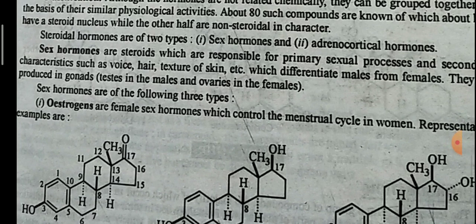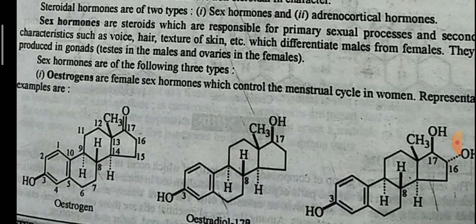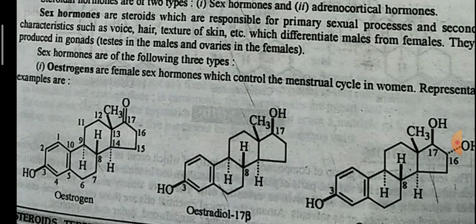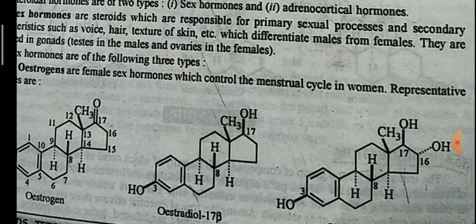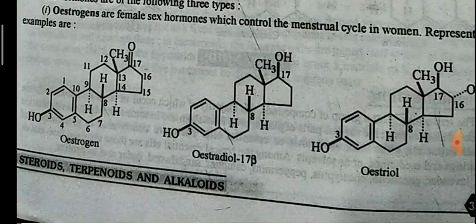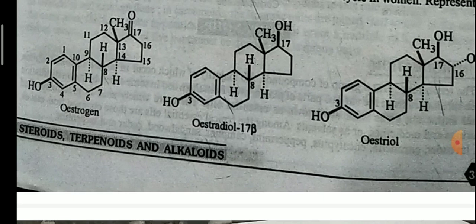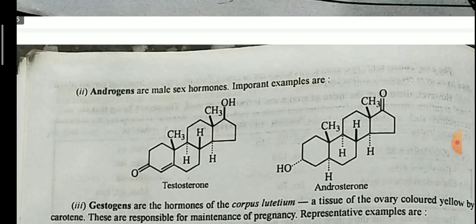Sex hormones are of the following three types: oestrogens. Oestrogens are the female sex hormones which control the menstrual cycle in women. Representative examples are oestrone, oestradiol-17-beta, and oestriol. Androgens are male sex hormones.